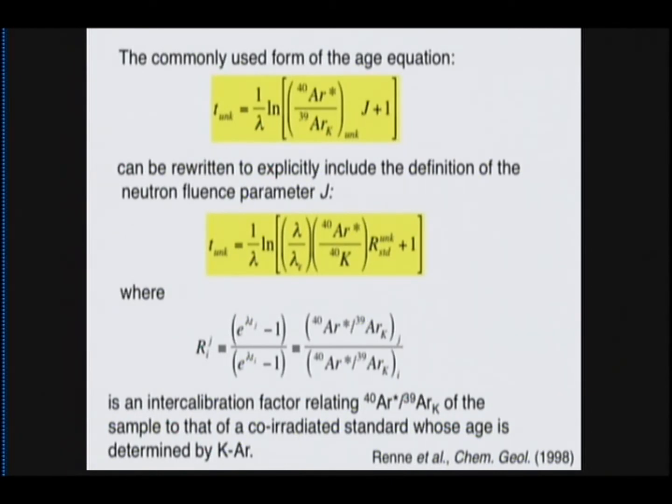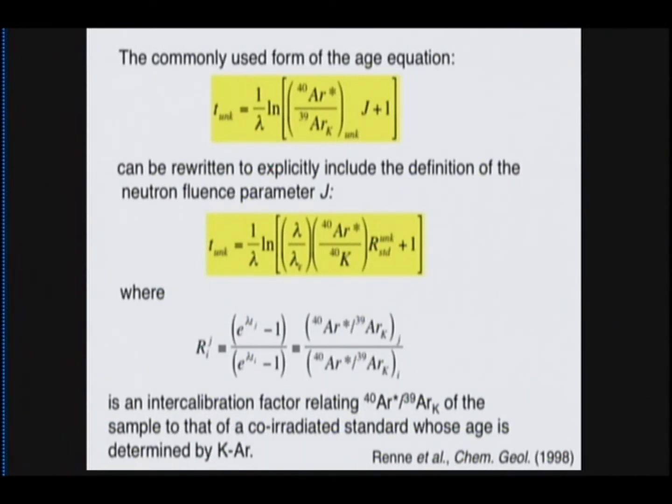Now we can actually take the definition of J, which I gave you earlier, and substitute it back in here and see that here we only had to worry about the total decay constant of potassium-40. Now we've introduced this branching ratio, because that comes in when we substitute back in for J. It still has the argon-40, but now it's ratioed to potassium-40 of a standard.